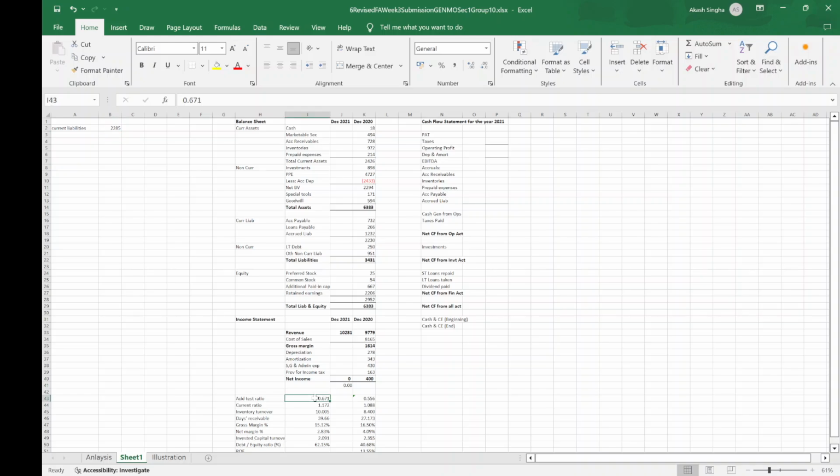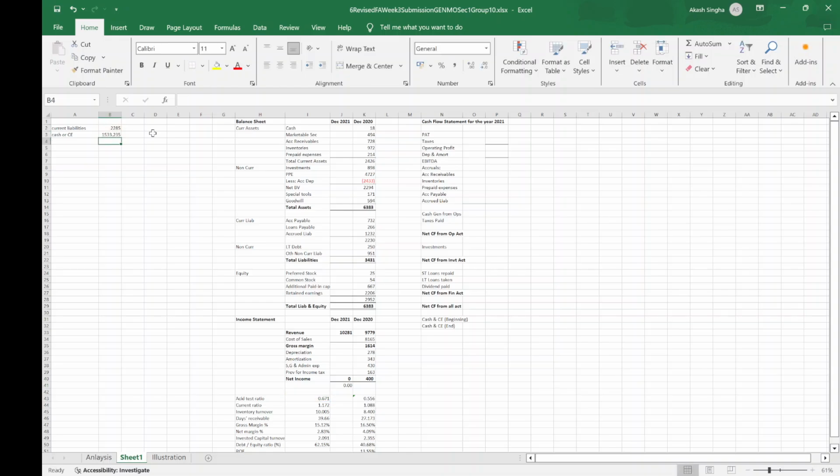Now acid test ratio. Acid test ratio means quick ratio, which means quick cash or cash equivalent is this into current liabilities.